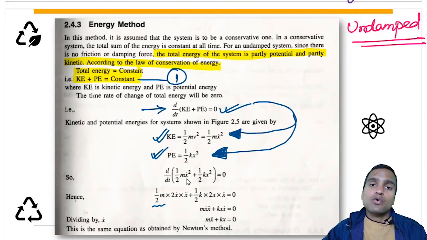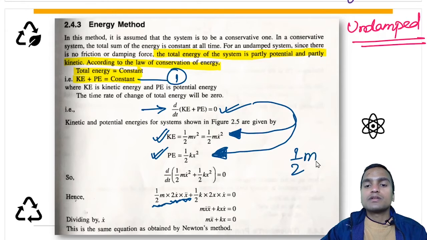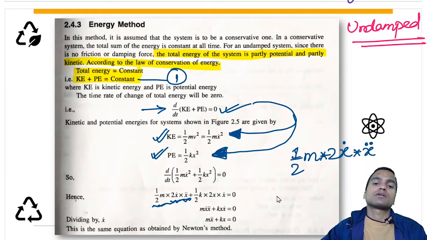Then x dot square will be differentiated as 2x dot, and then we have to differentiate x dot again. So 2x dot is multiplied here, and the differentiation of x dot will be x double dot. Do you understand? So half m is constant, it came outside, then 2x dot comes from the differentiation, and then the differentiation of x dot is multiplied, which becomes x double dot.